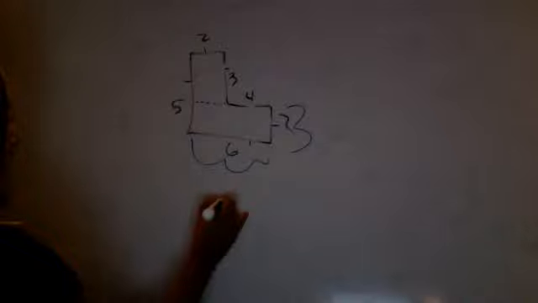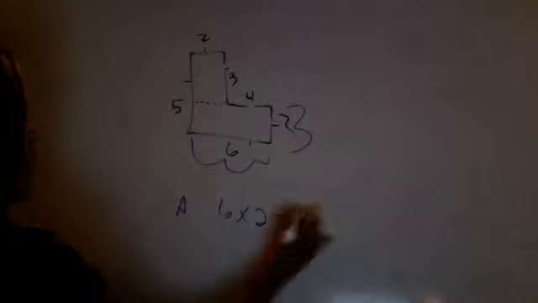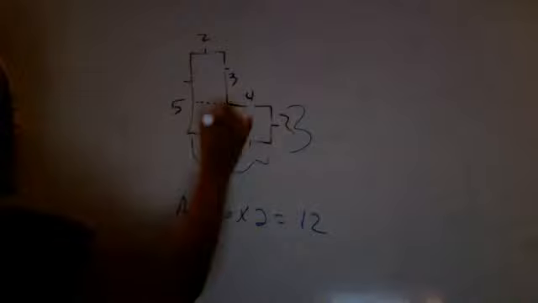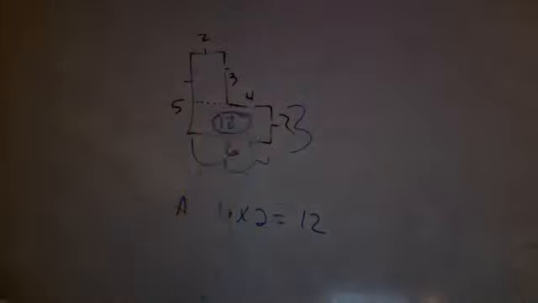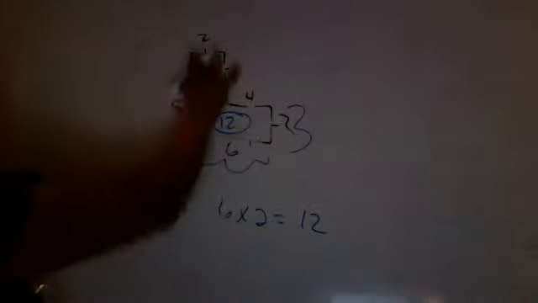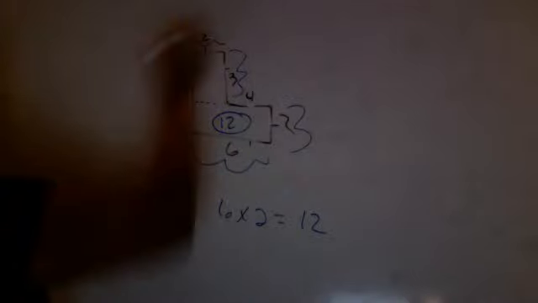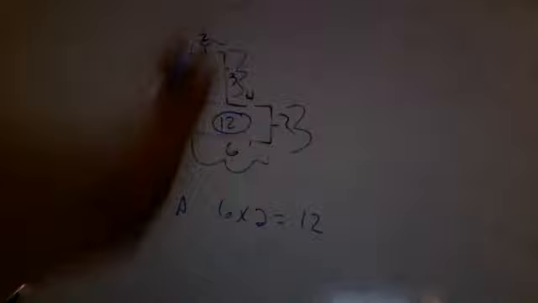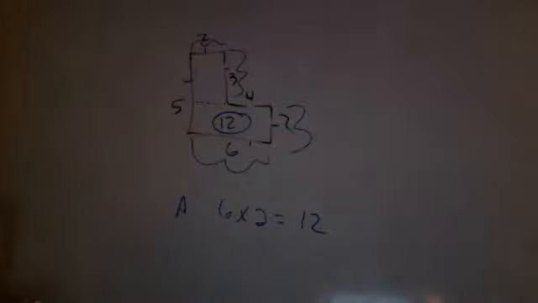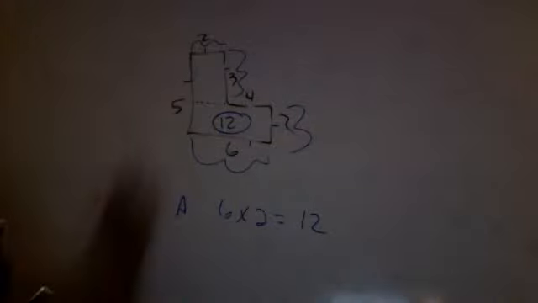And this is 2, so basically I have 6 times 2, which is 12 square units. So I've got 12 square units in here. What about here? Well, I need this side times this side. Do I have it? I actually do. That tells me that's 3, and that's 2.